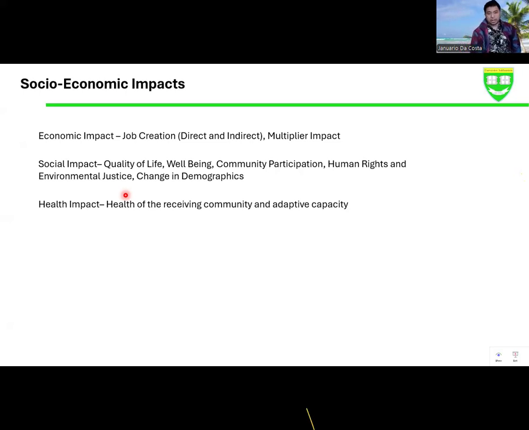How does the project encourage community participation? How do you look at the human rights, environmental justice, or will this project somehow contribute to the change in demographics? Also impact on health, for example, health of the receiving community and the adaptive capacity of that community with regard to the project that is being implemented. So these are the things that need to be considered when constructing a particular project.